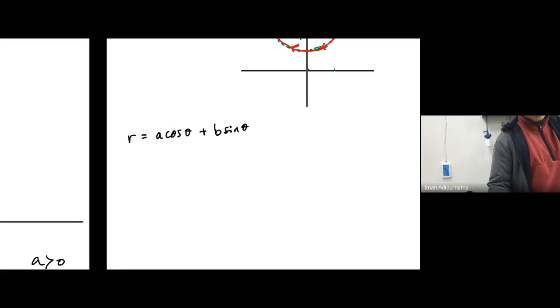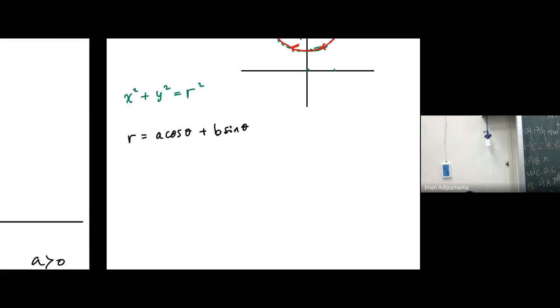First, remember the circle is from x squared plus y squared equals r squared. Okay, you see squared here, right? And maybe in your mind, we are squaring this, so r becomes r squared.